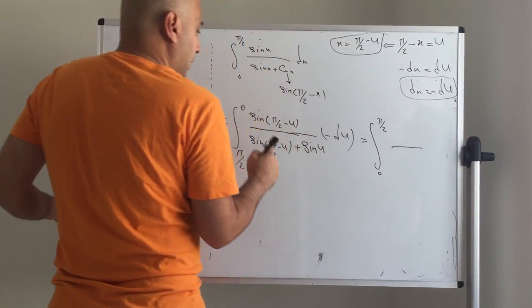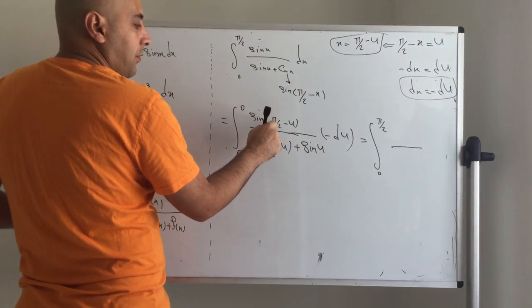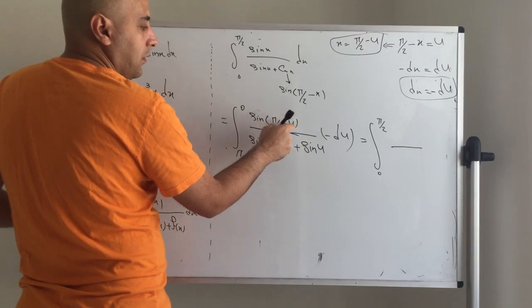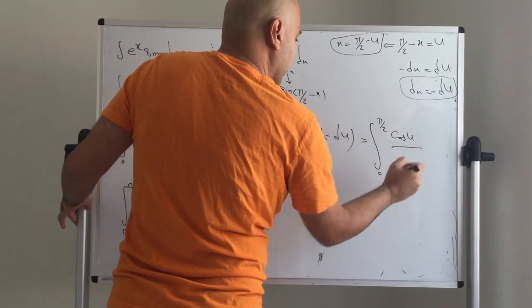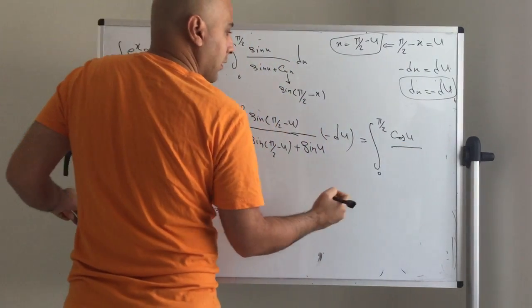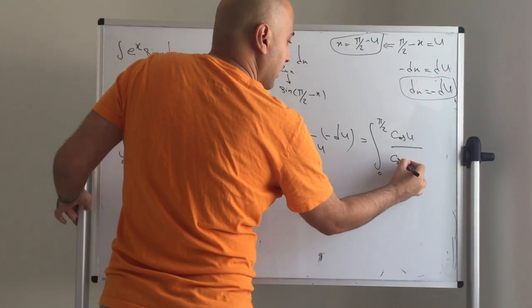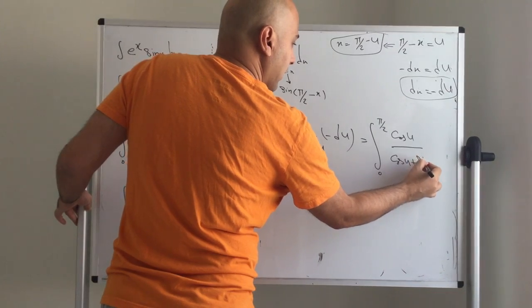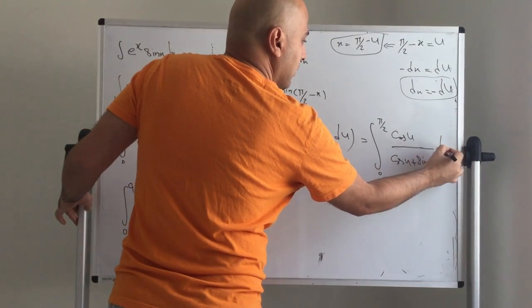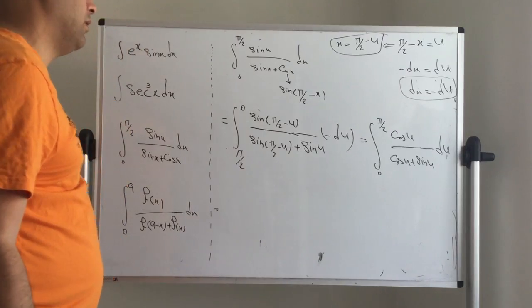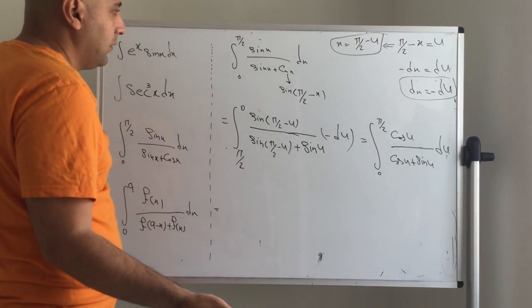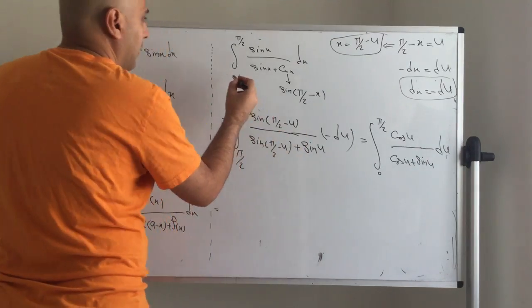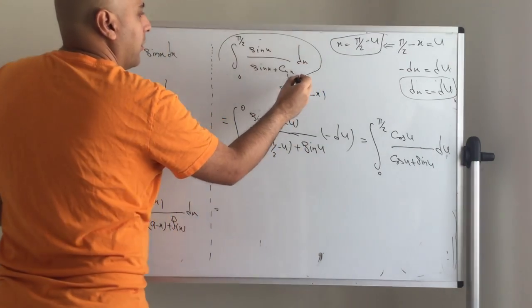Okay, sine of pi over 2 minus u, I know this one is equal to cosine u. Here also cosine u plus sine u du. Okay, now let's see what happened.